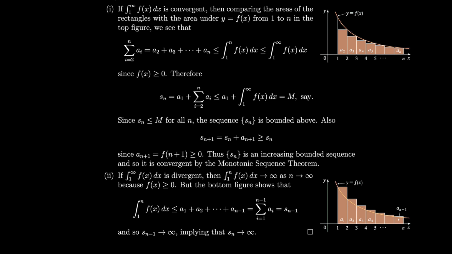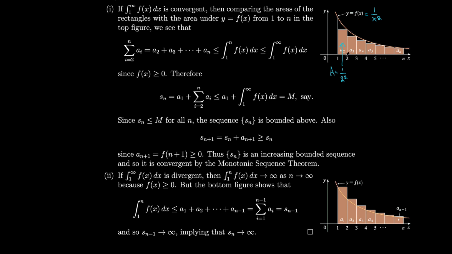As a quick example of this, let's take a look at the possibility that f(x) was 1 over x squared. Then the first rectangle has an area of the y value 1 over 2 squared, because that is f(2).